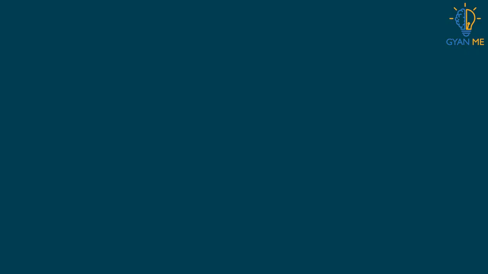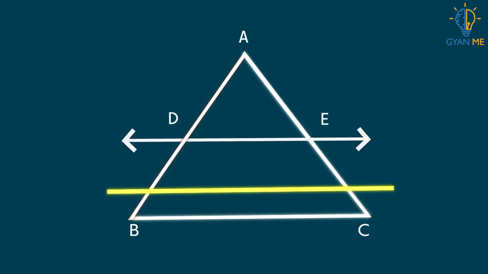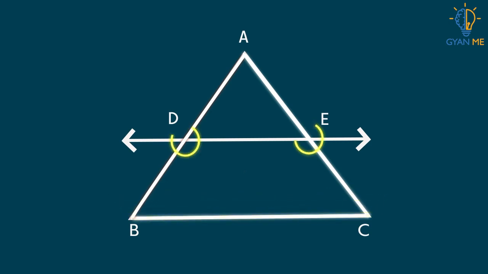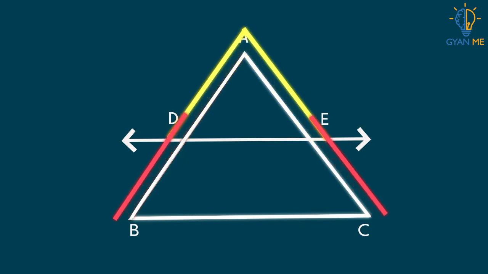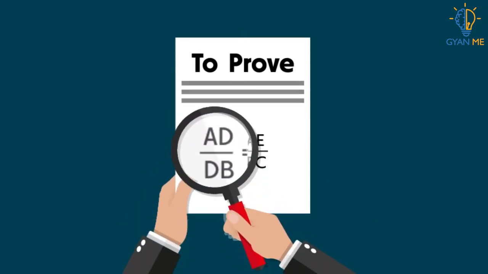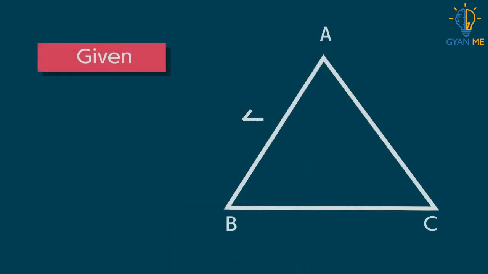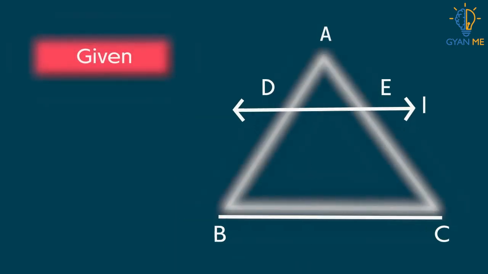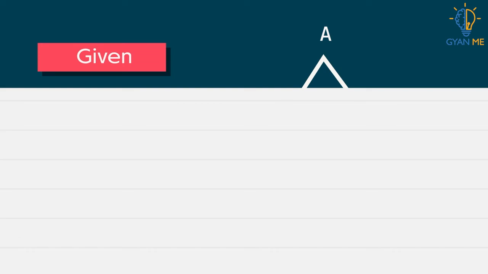So students, we have proved that if a line is drawn parallel to one side of the triangle such that it intersects the other two sides in two distinct points, then it will divide these two sides in equal ratio. Here we have proved that the ratio of AD upon BD is equal to AE upon CE when line L is parallel to the side BC of triangle ABC. This theorem is called the Basic Proportionality Theorem, which is also known as Thales Theorem.